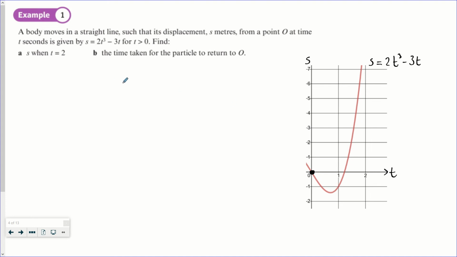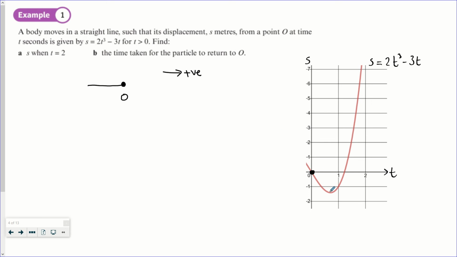So if we think about what's happening in a straight line, if this is our particle and that's the origin, then this part of the displacement time curve means that if we take the right as our positive direction, in the first 0.7 seconds, it's moving away in the negative direction.